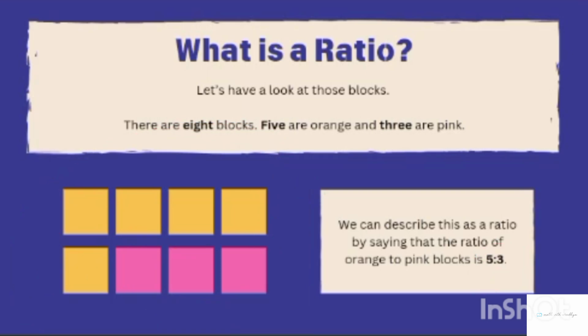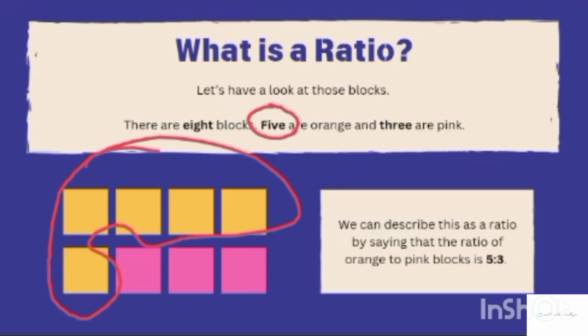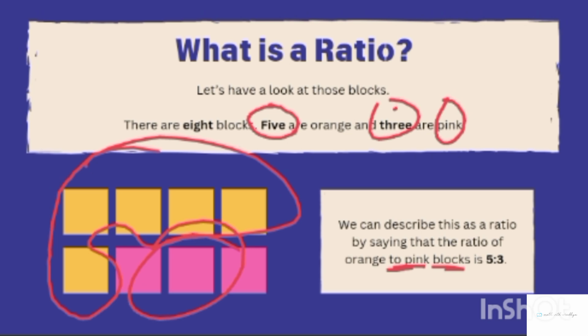How can we do that? Here they are saying that we can describe this as a ratio of orange blocks, which are 5, to the pink blocks, which are 3, is 5:3. Basically, this is the sign of a ratio.